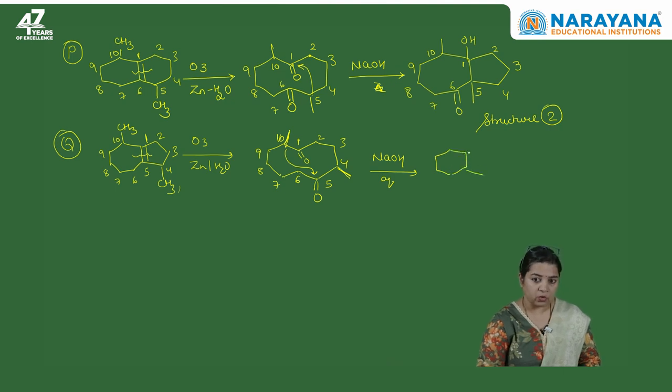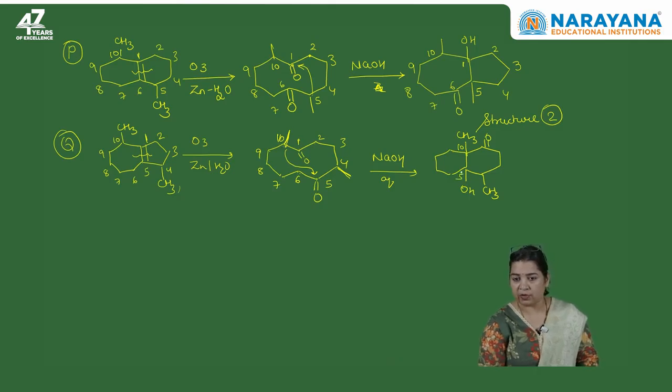That is a good structure, using a stable enolate. So perfect for our answer: CH3, OH, CH3, carbonyl. How did I draw it directly? Using the numbering. The 10th one was attacking on 5, so I directly put 10 and 5.